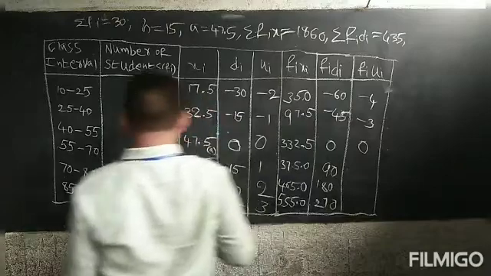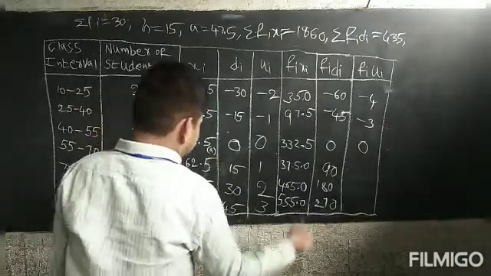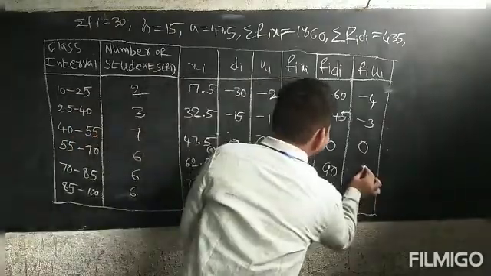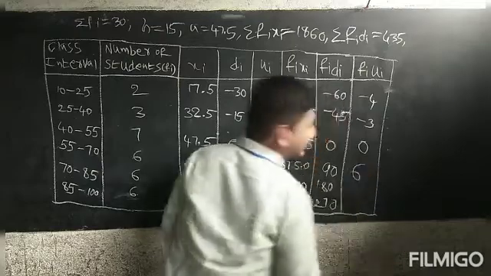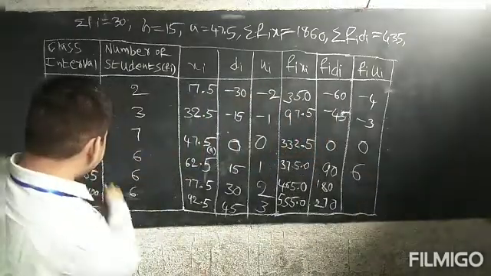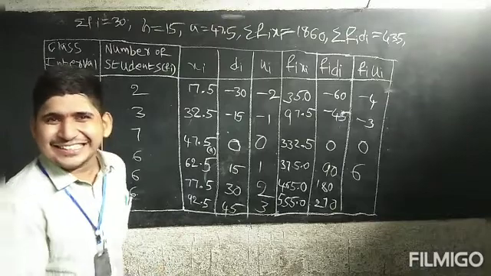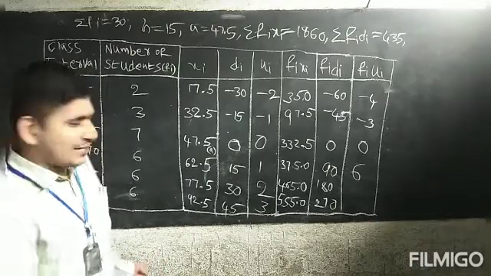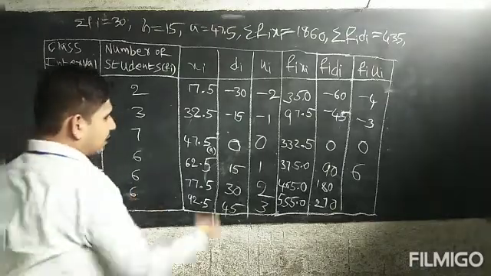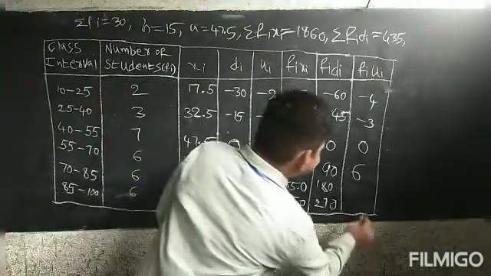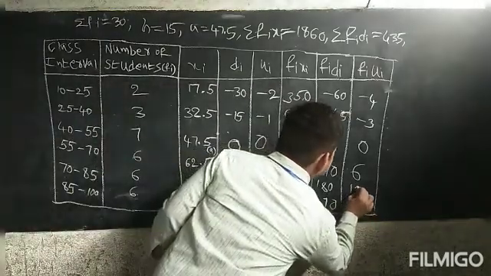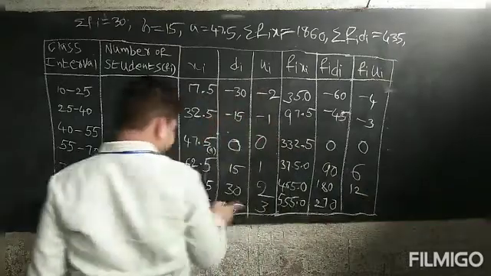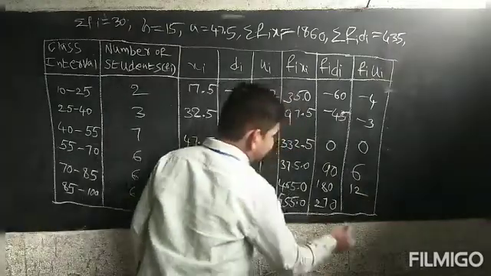Now 6 into 1, 6. Why are all values 6? 6, 6, 6. So 6 into 1 is 6, 6 into 2 is 12. Next, 6 into 3 is 18.